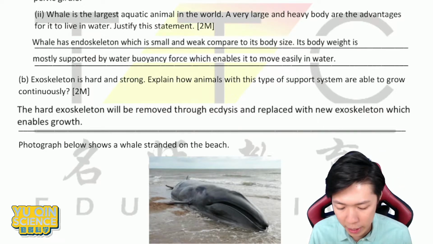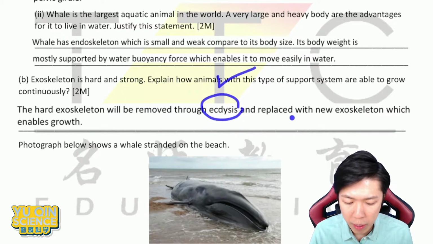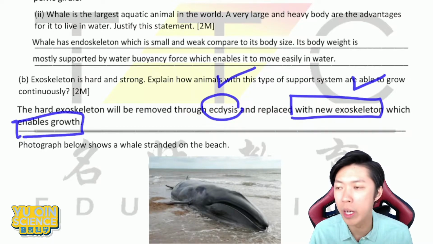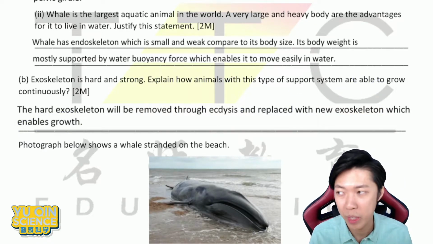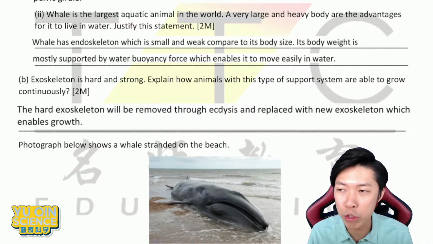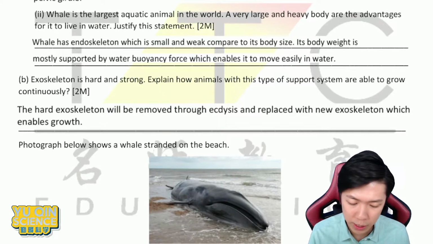That's the process called ecdysis. So the first point goes to ecdysis. Replace new exoskeleton, enable growth. That's your second point. You must mention that it's called ecdysis, means they take off their shirt and then wear a new shirt and it hardens and enables them to grow into larger size.